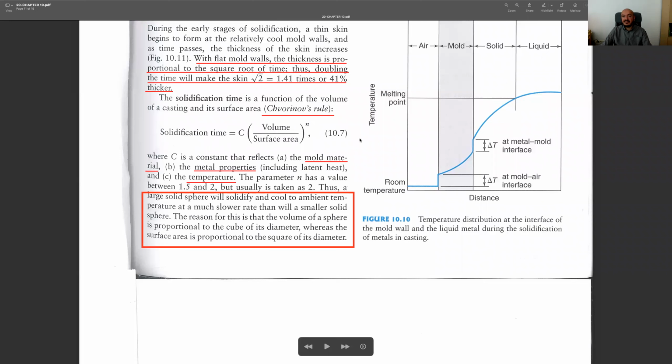We cannot exactly determine the solidification time, since there are many factors affecting the solidification in the casting process.